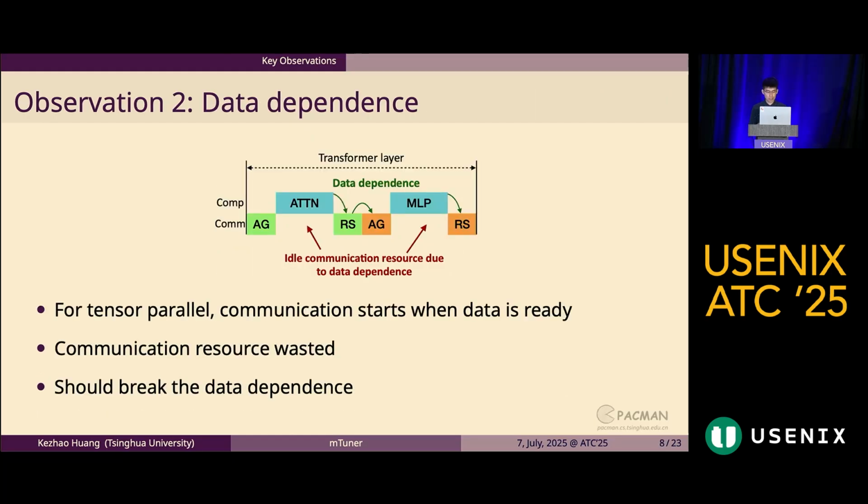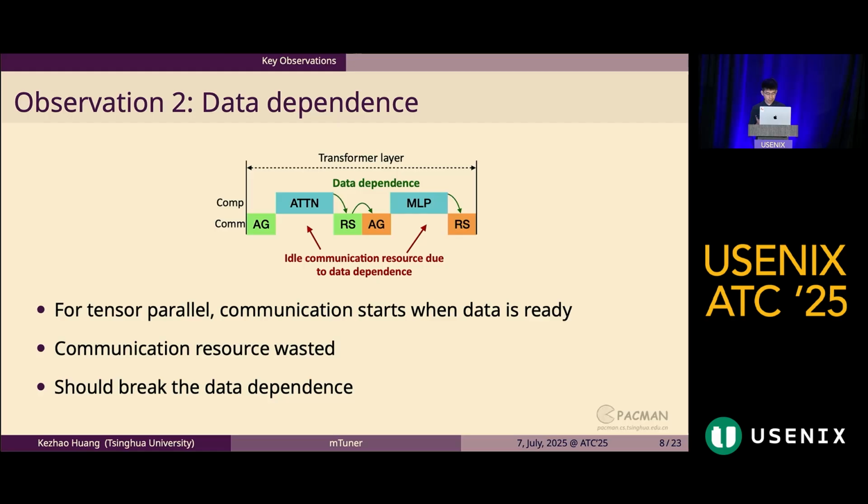In addition to memory inefficiency, we also observe underutilization of communication, particularly in tensor parallelized setups. Normally, communication will wait until data is ready, for example, when a tensor has been fully computed. This leads to idle time where the link bandwidth is not used at all, even though communication could have overlap opportunity.